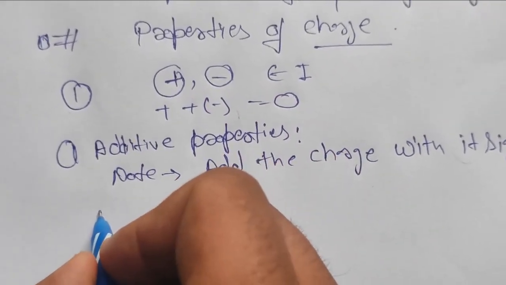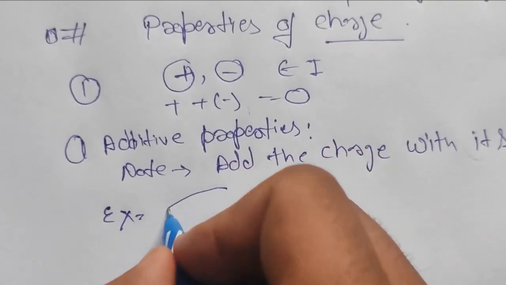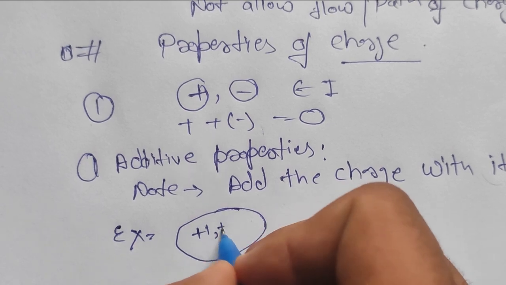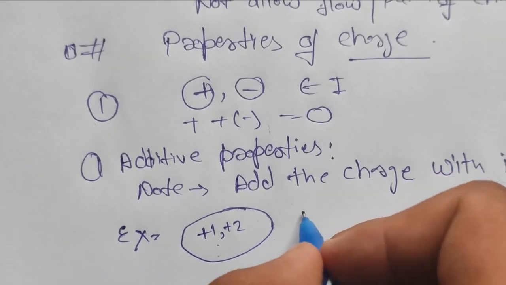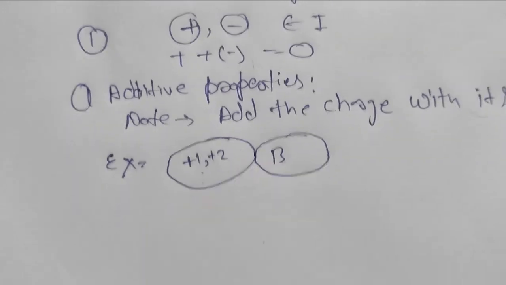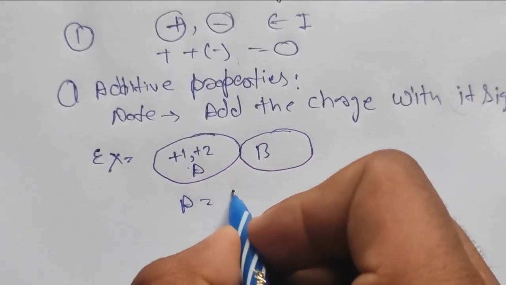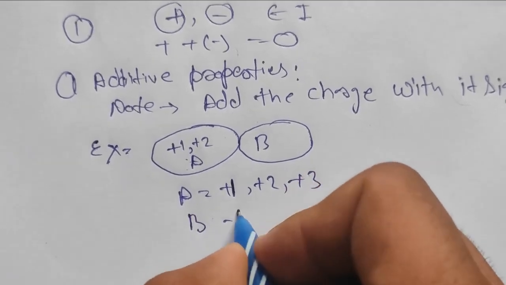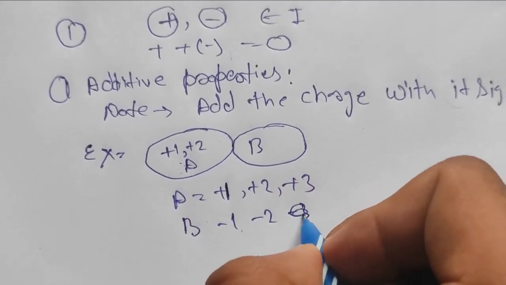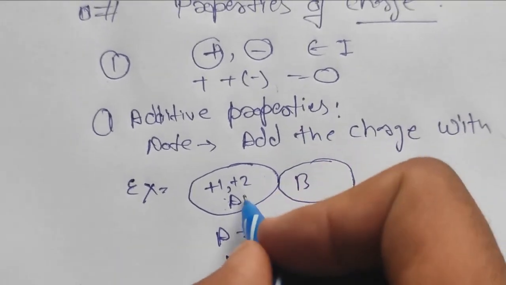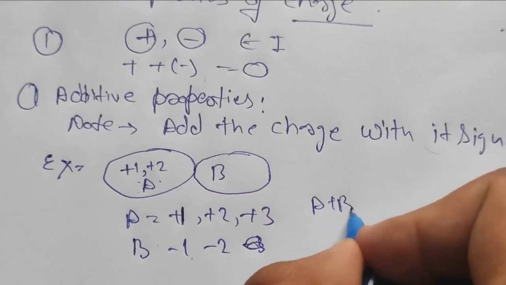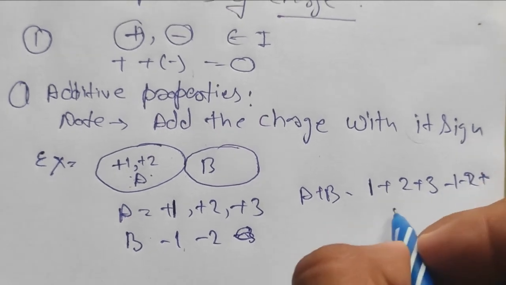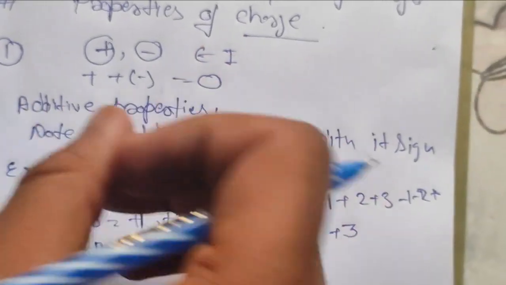For example, say this is my nucleus, and this is one charged particle A, and this is B. If A has positive 1, positive 2, positive 3, and similarly we have negative 1 and negative 2, then adding them, 1 plus 2 plus 3 minus 1 minus 2, becomes plus 3. That is if we add them close together.